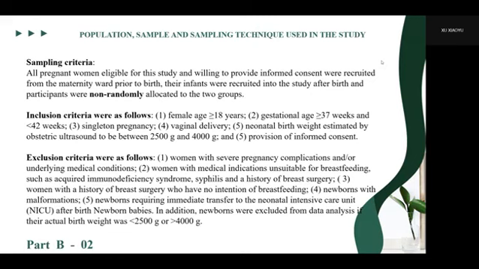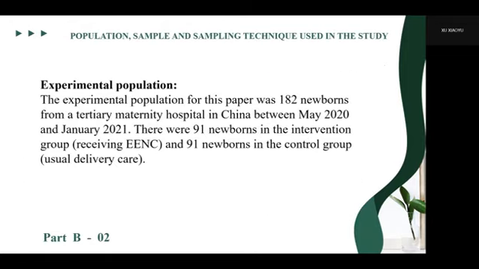In addition, newborns were not included in the data analysis if their actual birth weight was less than 2,500 g or greater than 4,000 g. Okay, next slide, please, Chen.